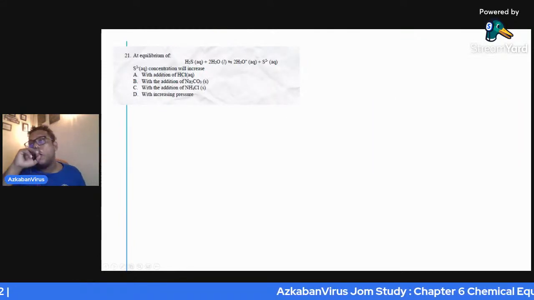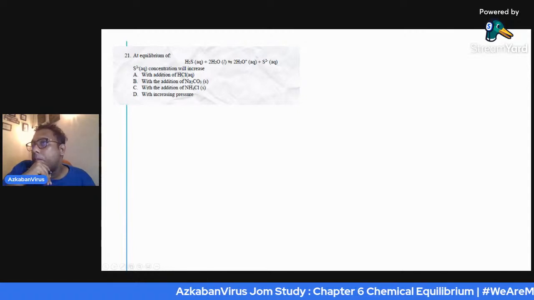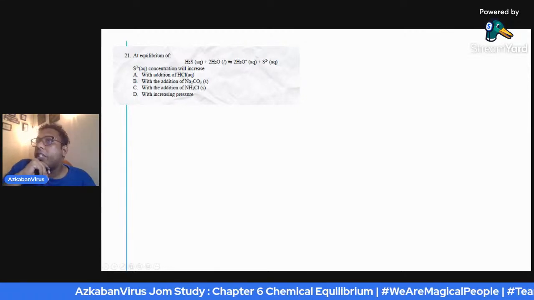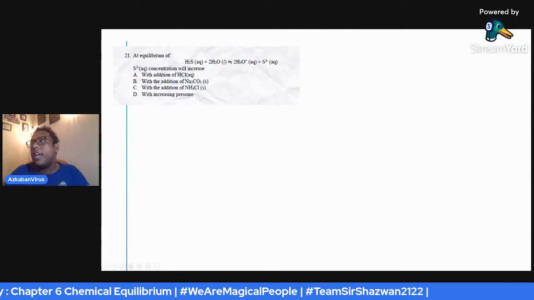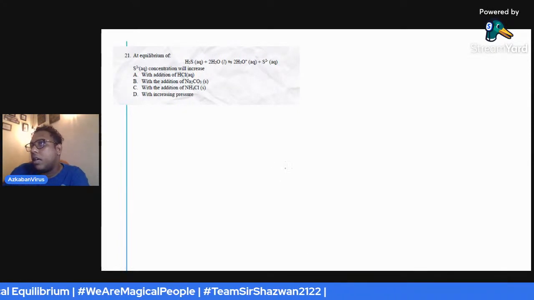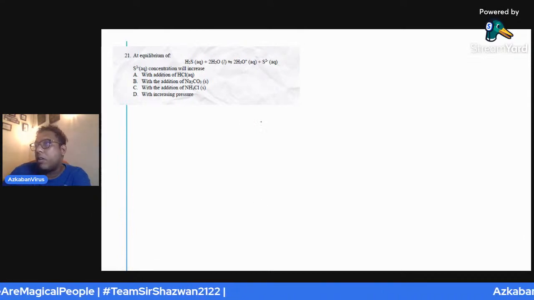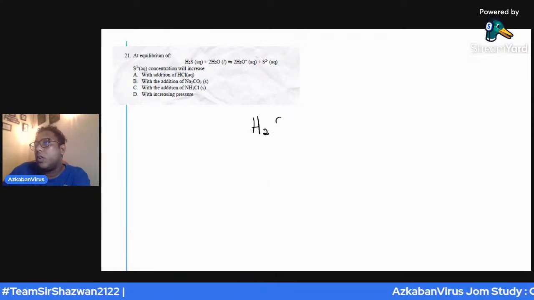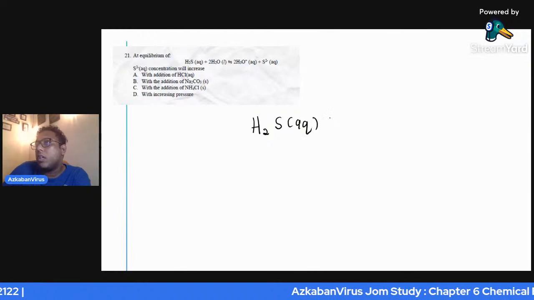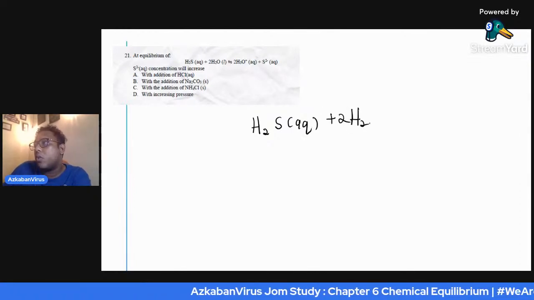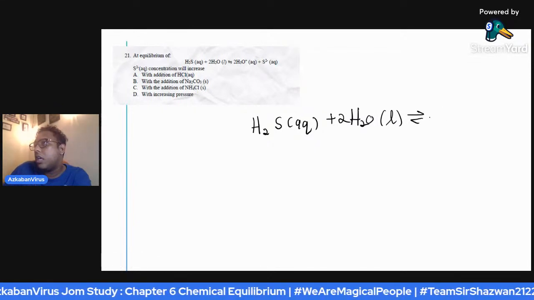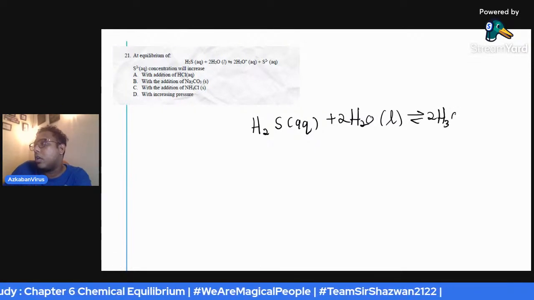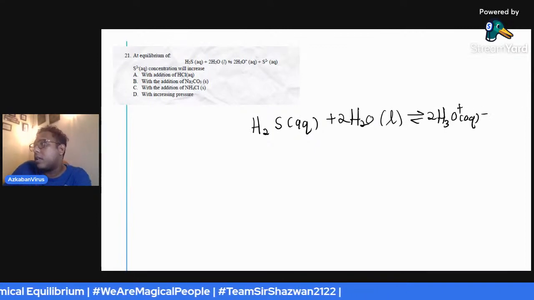Next one. At equilibrium, concentration of S2 minus will increase with, dia nak shift to the, tulis lagi equation dia. H2S aqueous plus 2 H2O liquid jadi 2 H3O plus aqueous tambah S2 minus aqueous.